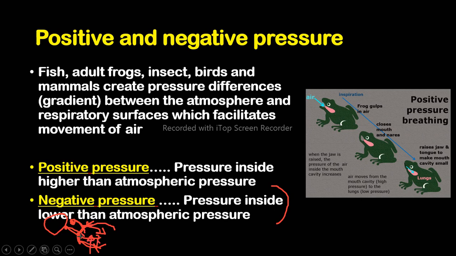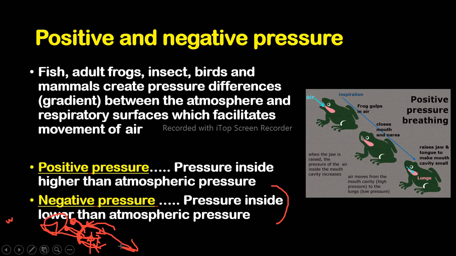so that the volume in the buccal cavity decreases and the pressure in the buccal cavity increases past the atmospheric pressure. So air will tend to go back to the atmosphere. But because the nostrils are closed and the mouth is also closed, air is going to be pushed where?